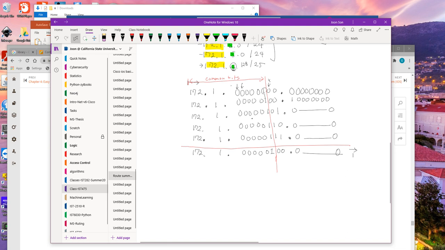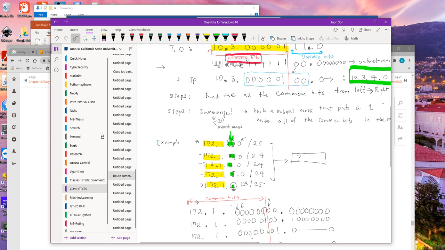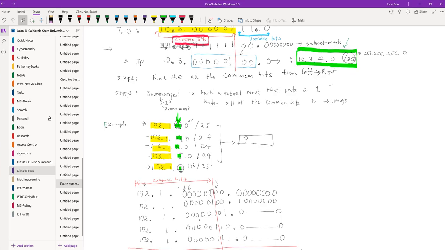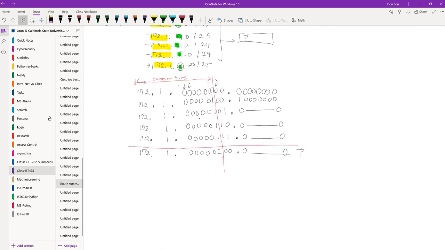And then for the subnet mask, same thing. Build a subnet mask that puts 1 under all of the common bits in the range, right? And then the remaining bits, you put 0. So 172 is 8 bits, so it's going to be 1, 1, 1, 1, 1, 1, 1, 1, 8 of them, dot. And then this is the second octet, so it's going to be 1 1 1 1 1 1 1 1 dot, right?